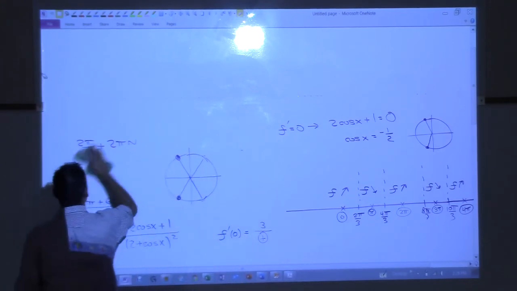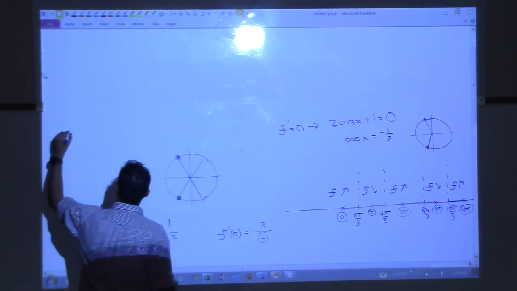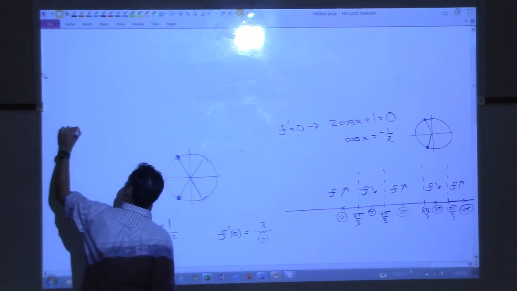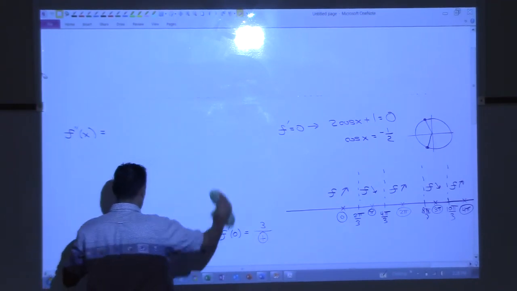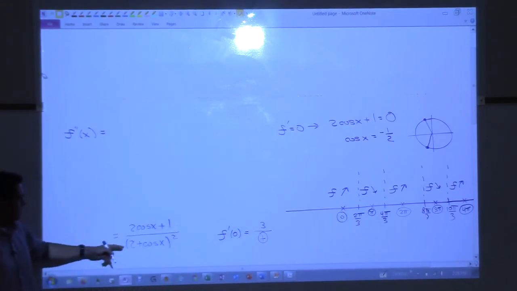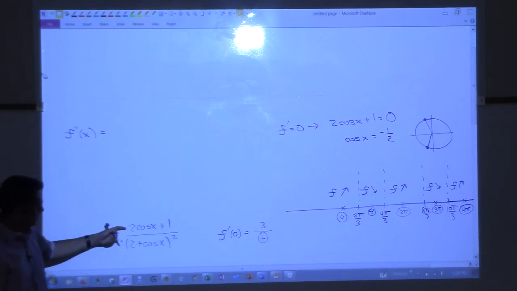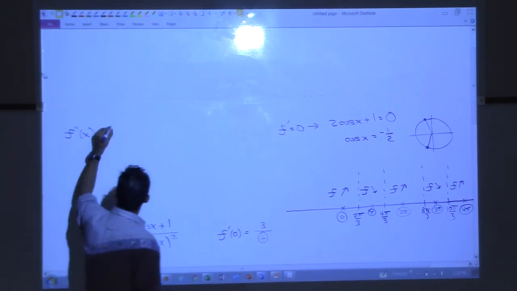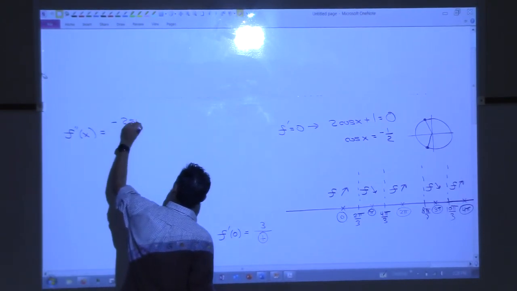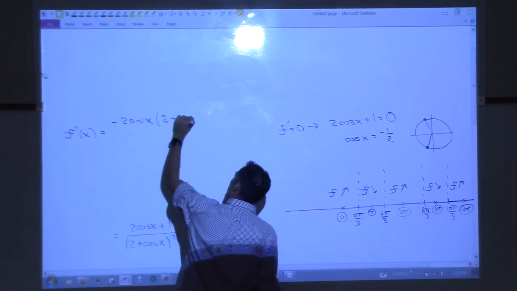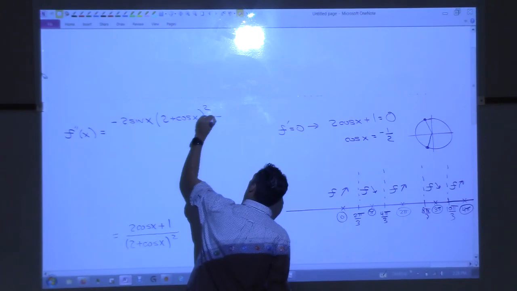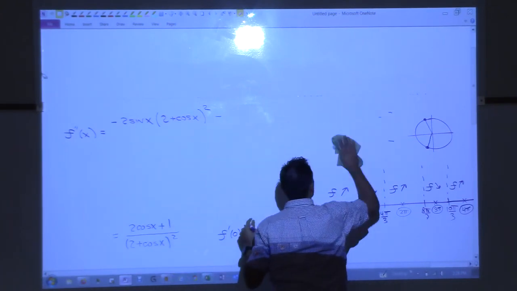Second derivative. Running out of time. Second derivative. Quotient again, right? Quotient again. So what's the derivative of the top here? -2 sine x. Okay, times the bottom, minus, chain rule, right?